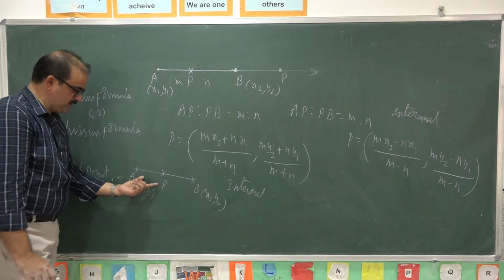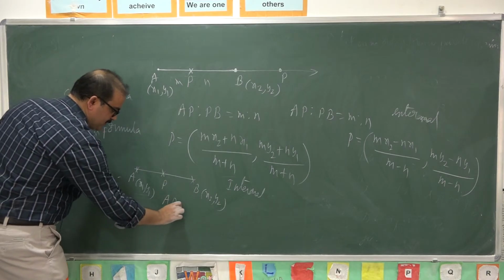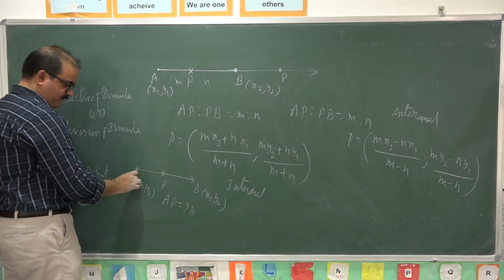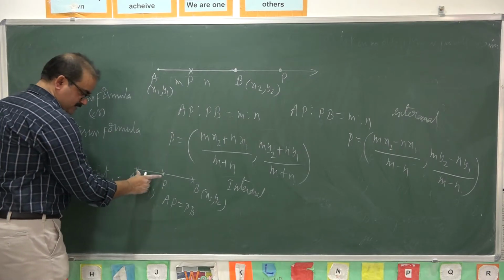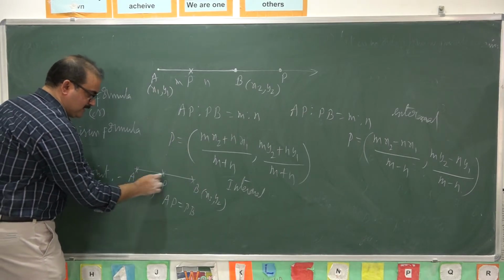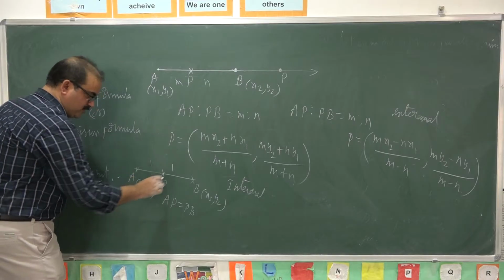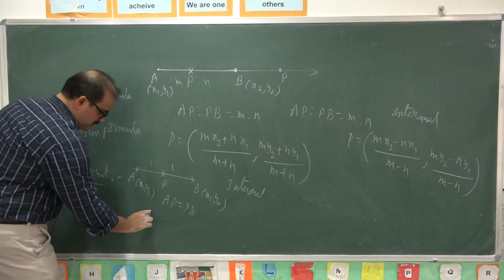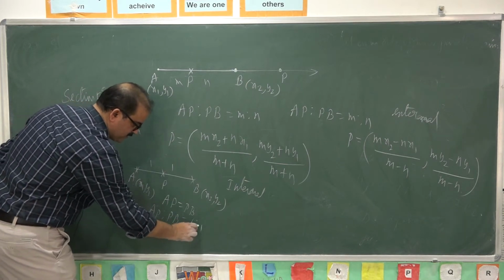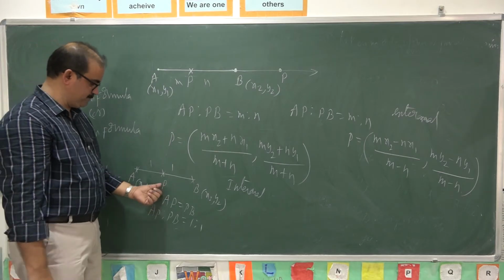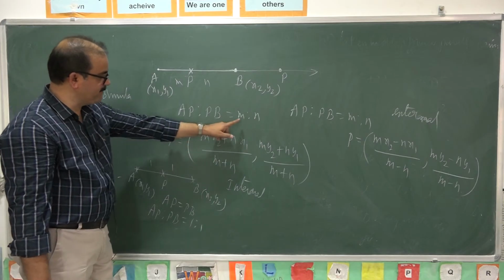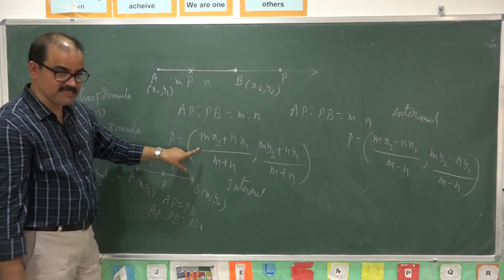If P is midpoint of AB, then AP is equal to PB. Now P divides AB in the ratio 1:1. Therefore AP is to PB is equal to 1:1, internally. Here P divides AB internally in the ratio 1:1. That means you put M is equal to 1 and N is equal to 1 in this formula.